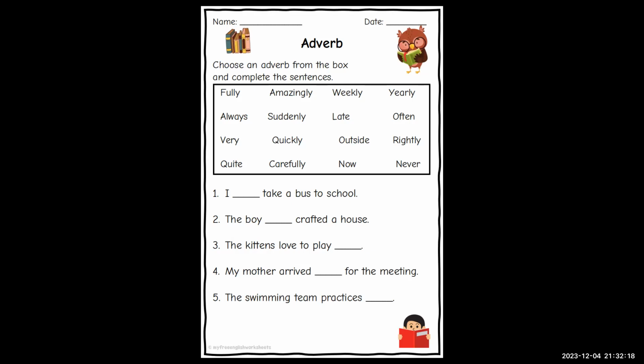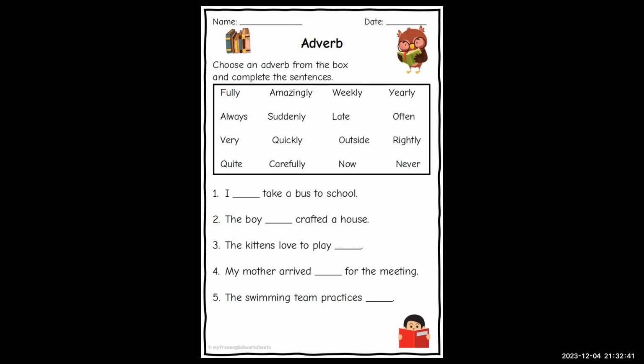The kittens love to play quickly. Yeah, quickly would be okay. Or outside, for adverb of place. Okay, just answer fast for 4 and 5.